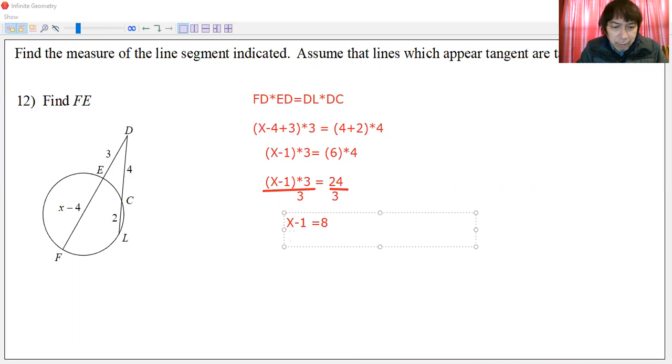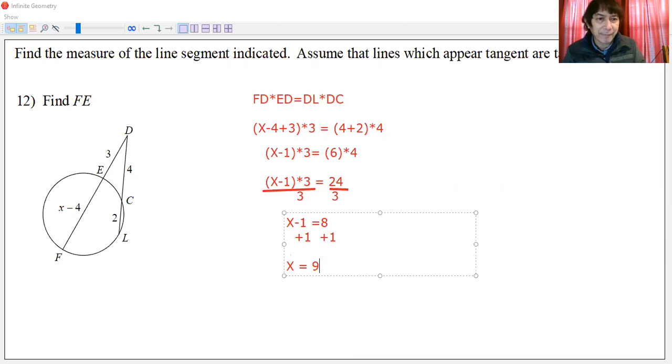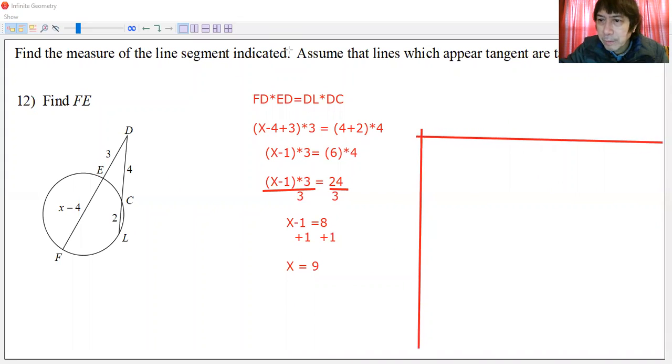We continue by way of addition property, add 1 to both sides. And x is 9. All right, we found our x, but we're after FE.